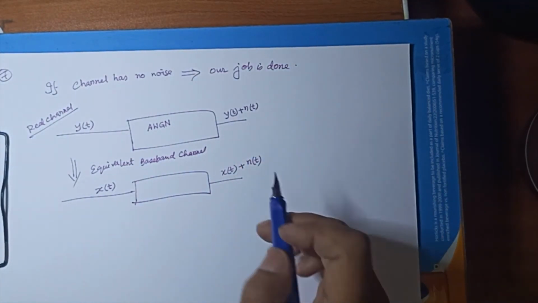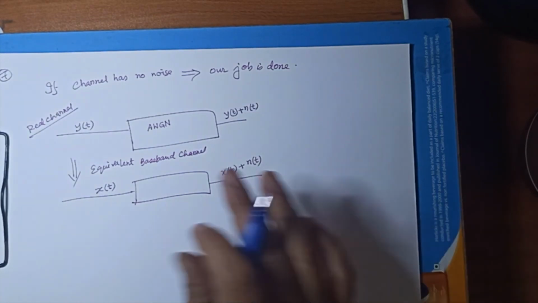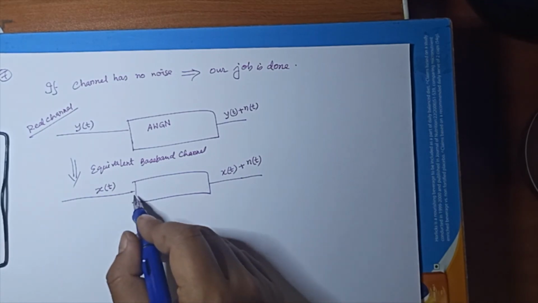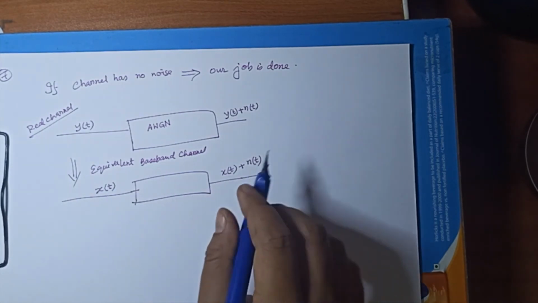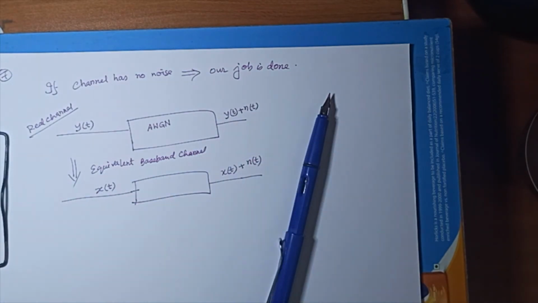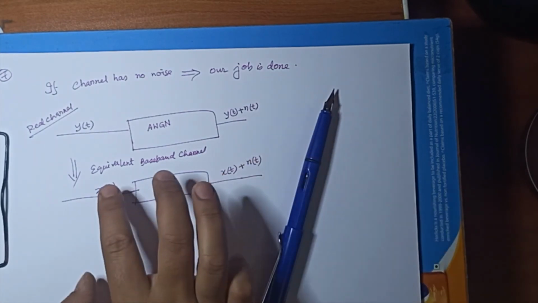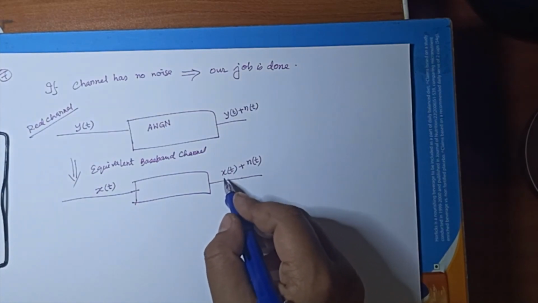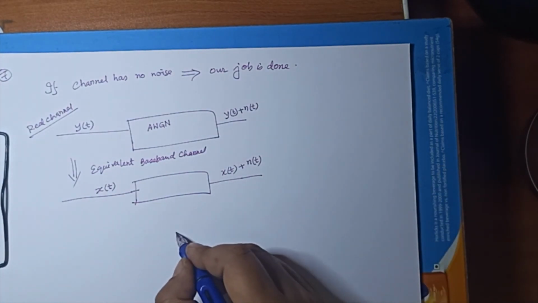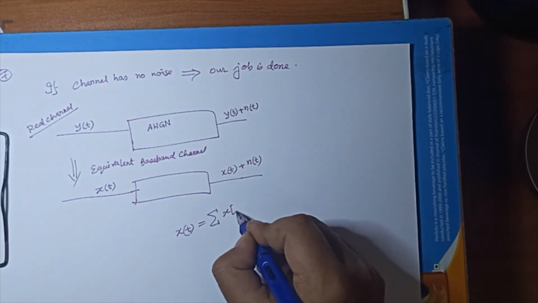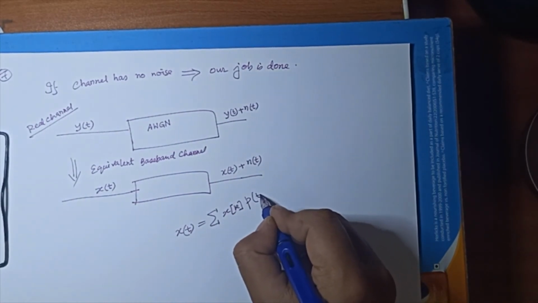Okay, now in this setup we have to take it to the discrete time level, because this is a continuous time baseband waveform. So in the discrete time level, what will happen to this noise? How do we take this to the discrete time level? We know that x(t) has the following orthogonal expansion, which is the sum of x_k p(t minus kT).